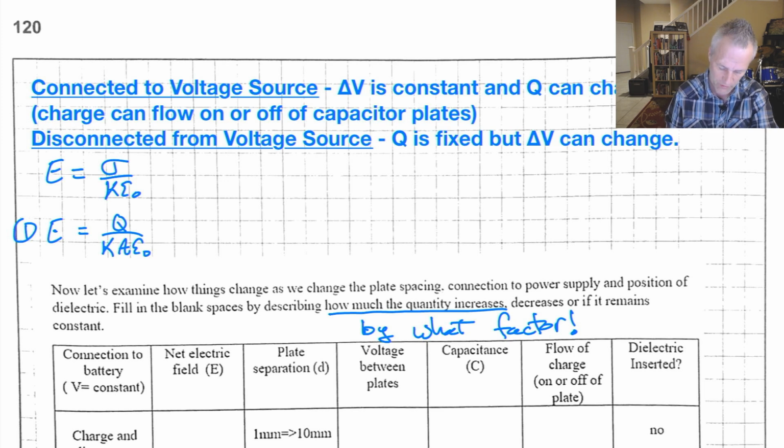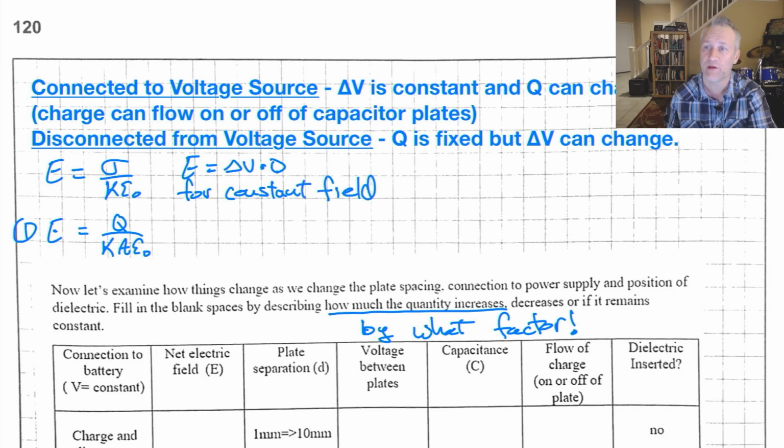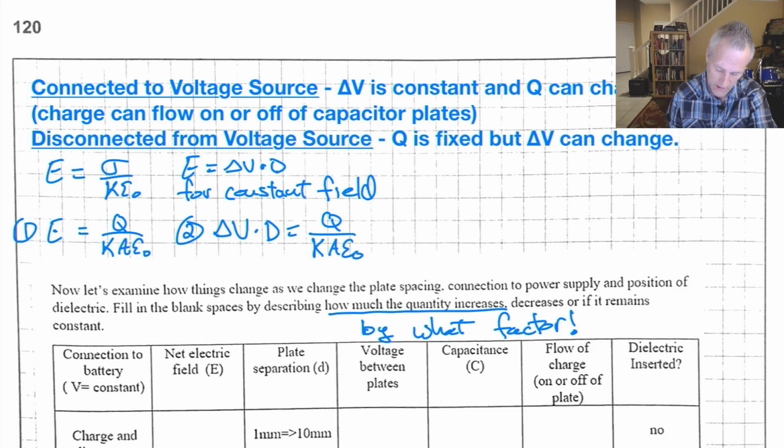We also know that E equals delta V over D for a constant field, which between the plates of a parallel plate capacitor, we do have a constant electric field. If I substitute that in, I'll get equation number 2. Delta V over D equals Q over K A epsilon naught.